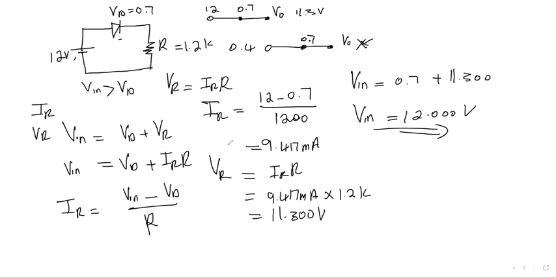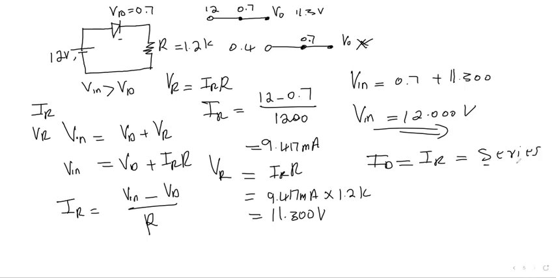So the aim of the video was showing you how to derive a formula for a diode in the practical model, and then how to get the current and the voltage. So what is the current ID, which is the current of the diode? The current of the diode is equal to IR. Why?